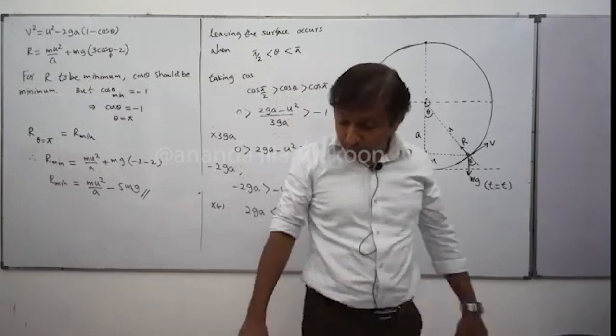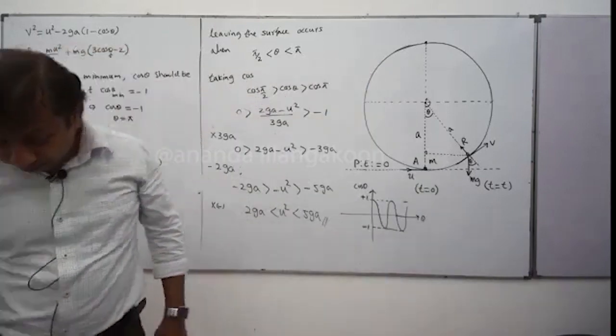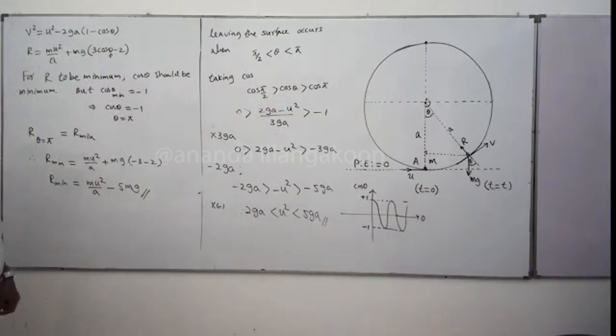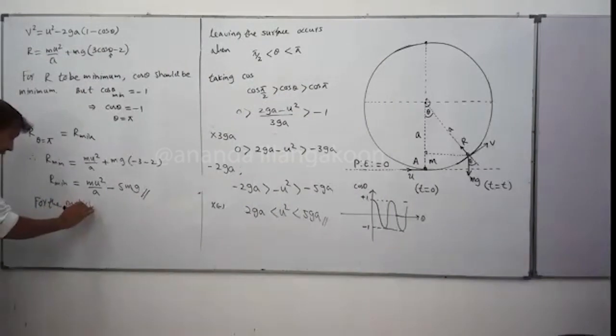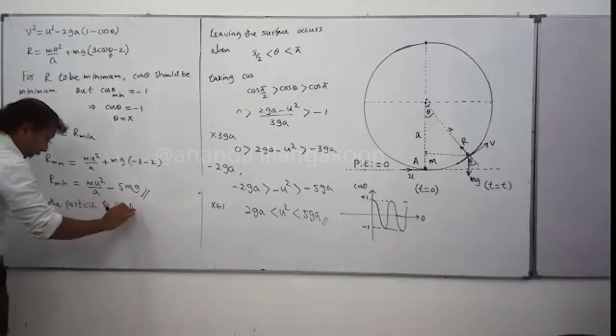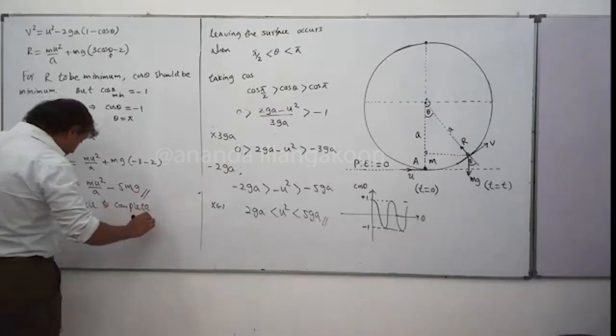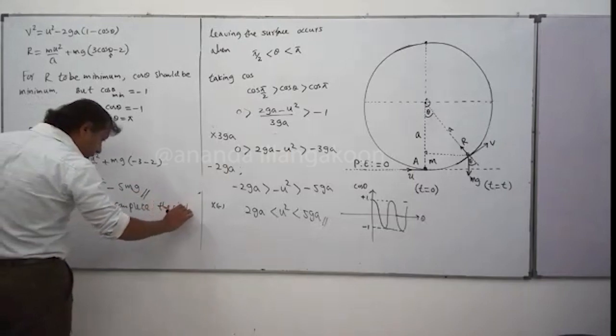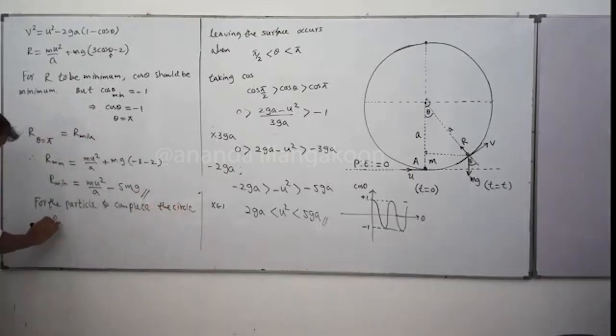Now what is being asked next? Hence deduce that if u squared is greater than 5ga, the particle describes complete circles. What is the condition required for the particle to complete the circle? What is the condition required, people? R at theta equals pi should be greater than zero.